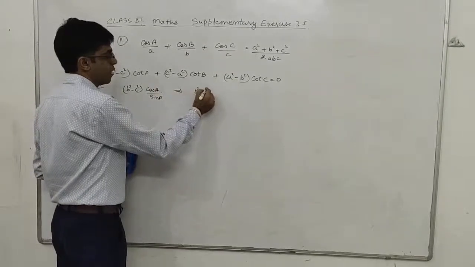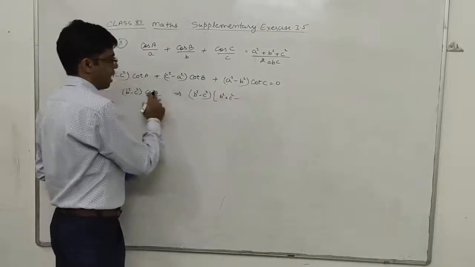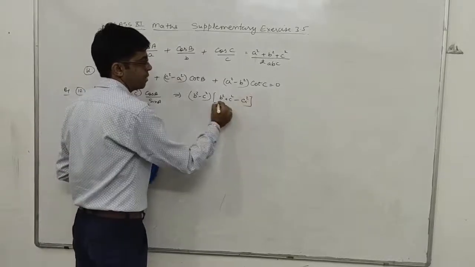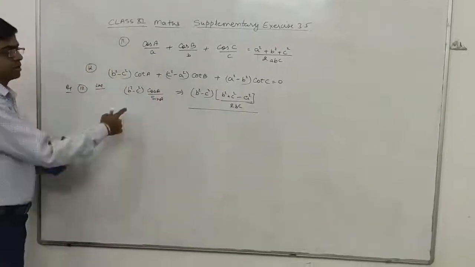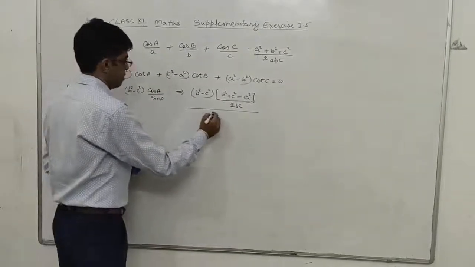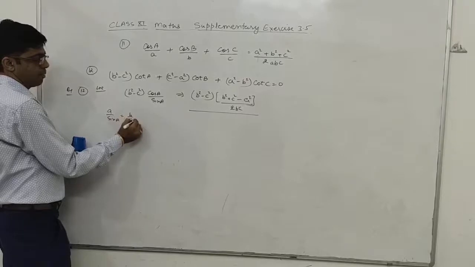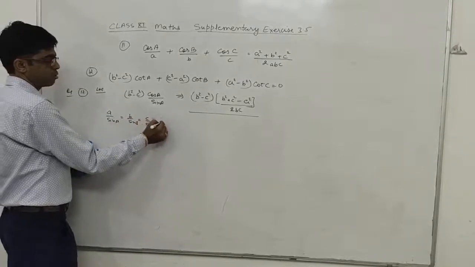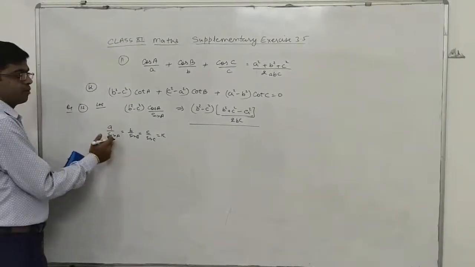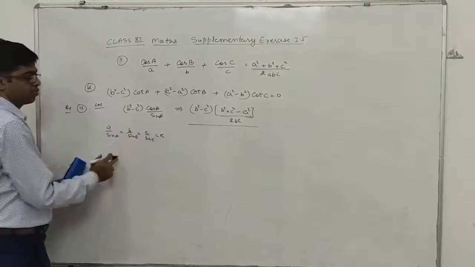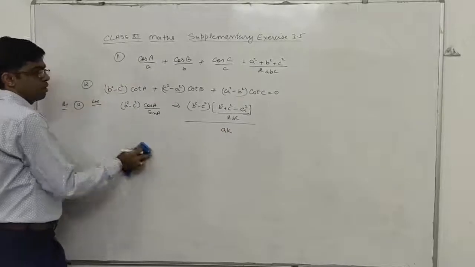For b square minus c square, the formula is b square plus c square minus the square of the side opposite the angle, upon 2bc. And a upon sine a equals b upon sine b equals c upon sine c equals k. In this way we can write similarly sine a upon a, sine b upon b, sine c upon c equals k. Sine a equals ak.